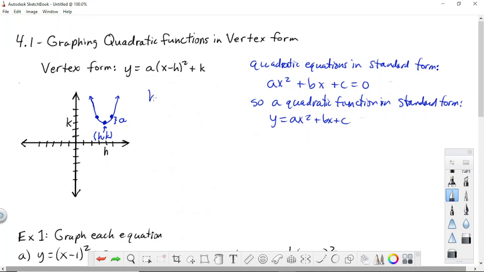Well, we'll write a little summary here. h equals the x-coordinate of the vertex. k equals the y-coordinate of the vertex.